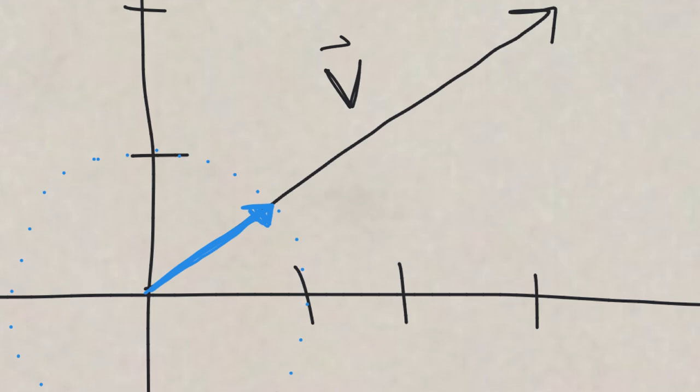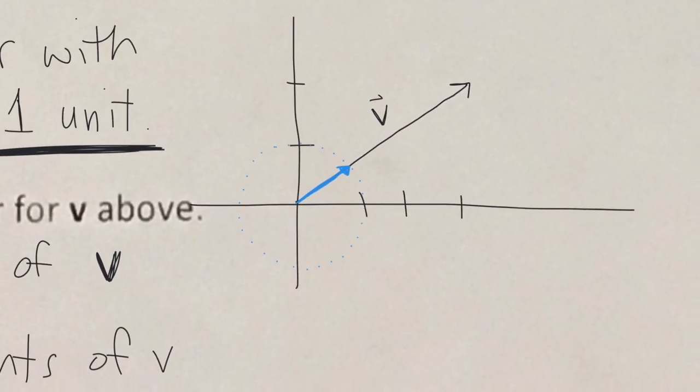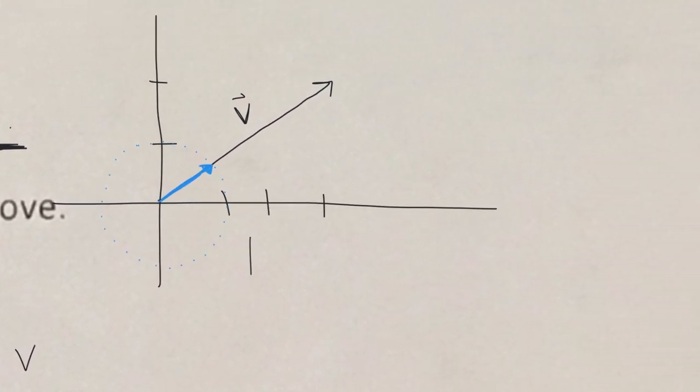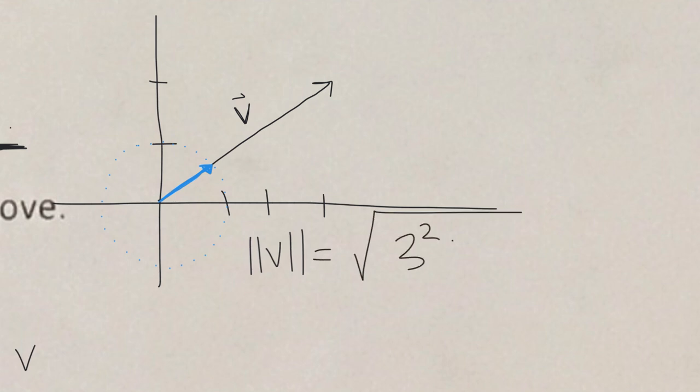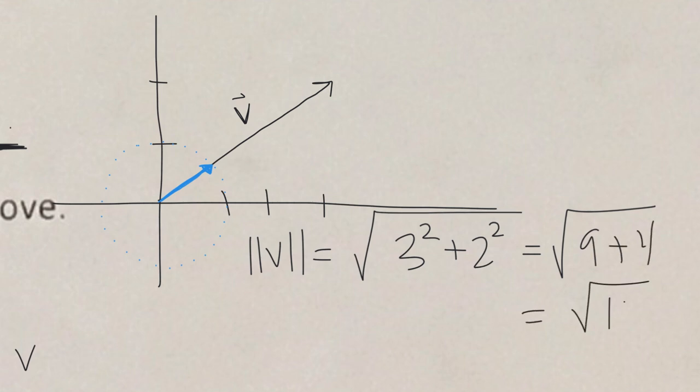Okay, so let's do that by first finding the magnitude of v. The magnitude of v is 3 squared plus 2 squared, which is 9 plus 4. 9 plus 4 is the square root of 13. And then what we want to do is divide v. So we have the vector v, 3, 2, and we're going to divide that.